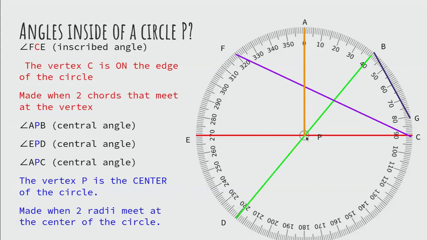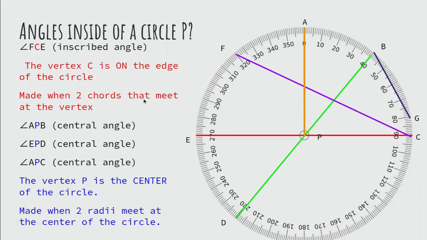Remember, radii is just the plural of radius. So this central angle is made up of the radius from P to A and the radius from P to B, and they meet here.